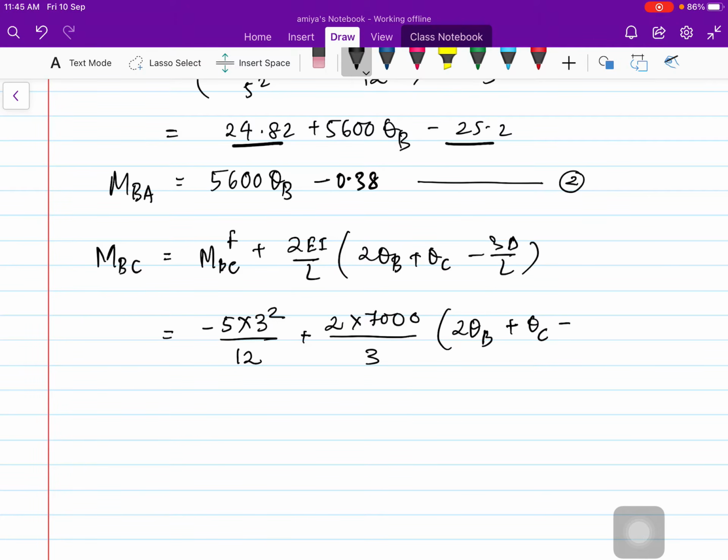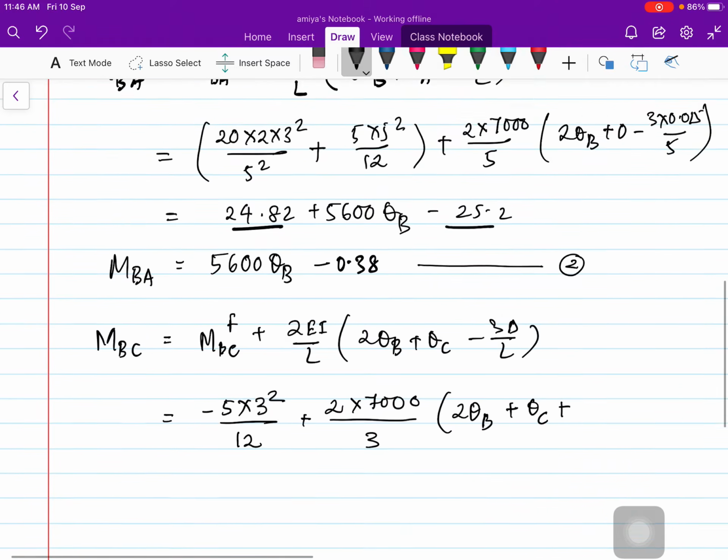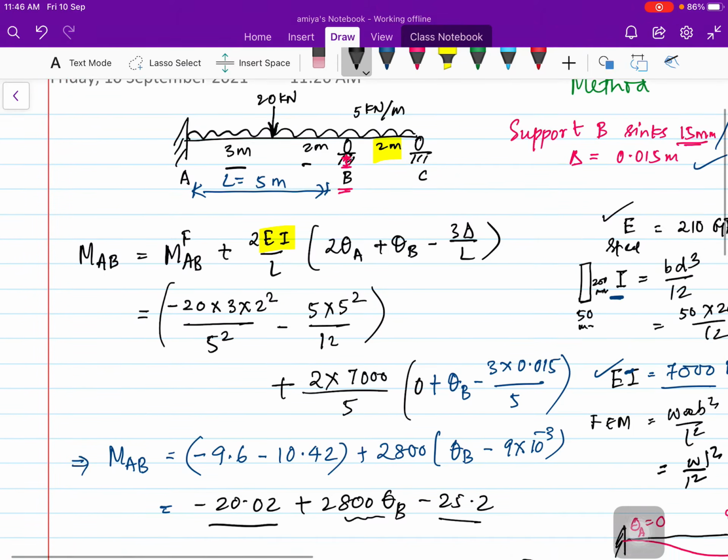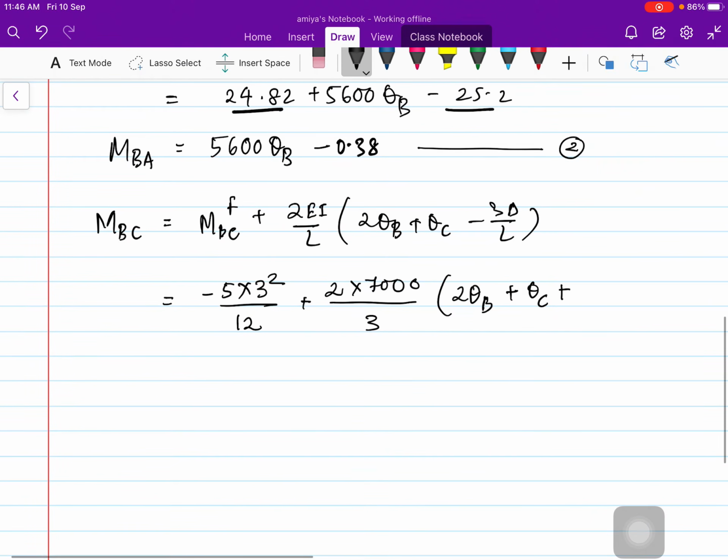And here if you look at 3 delta by L, where delta is the sinking, in this case the sinking is at support B, right? So we are taking the right side of this, so the sign will be positive here. 3 into delta by span 3 meter.